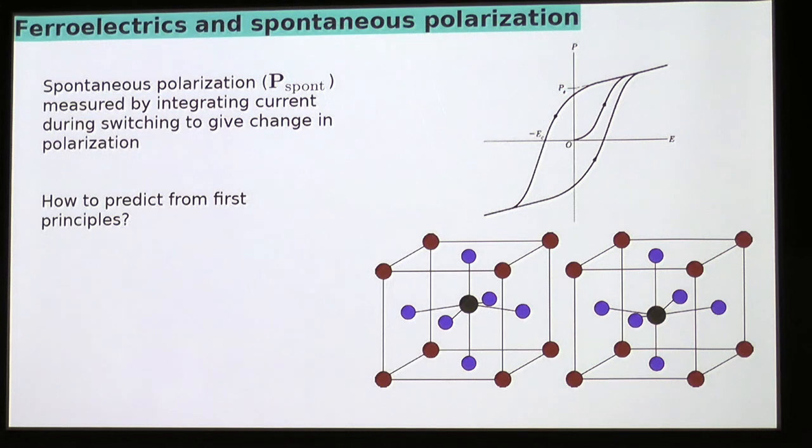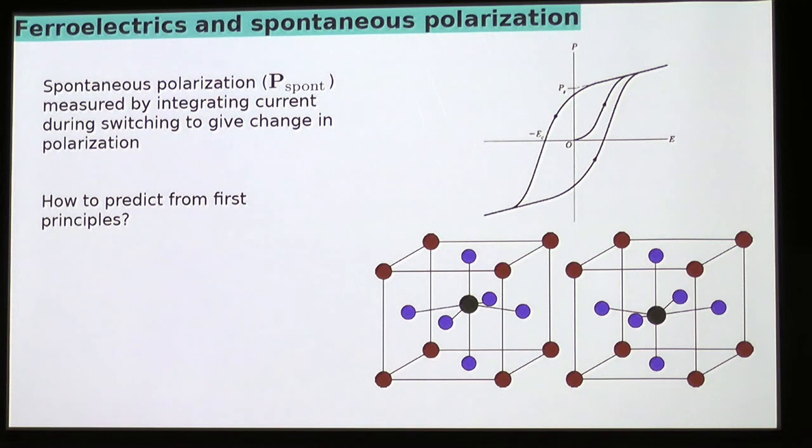All right, so in ferroelectrics, as was mentioned here, the spontaneous polarization is measured by integrating the current that occurs during the switching process. So we have the hysteresis loop here. The vertical axis is marked as P, but it's really integrated current. As the material switches, I have a little cartoon of up and down in our perovskite.